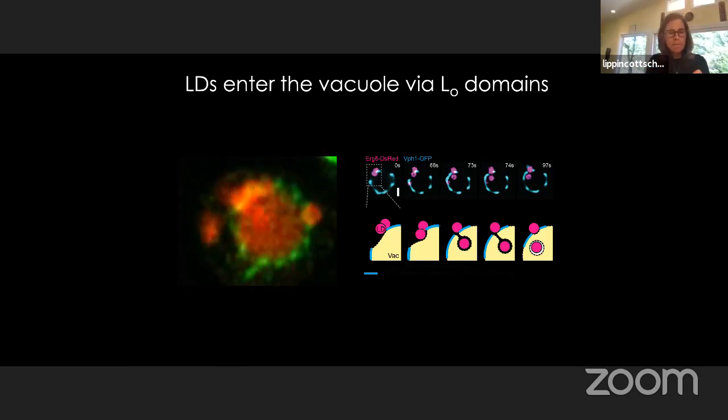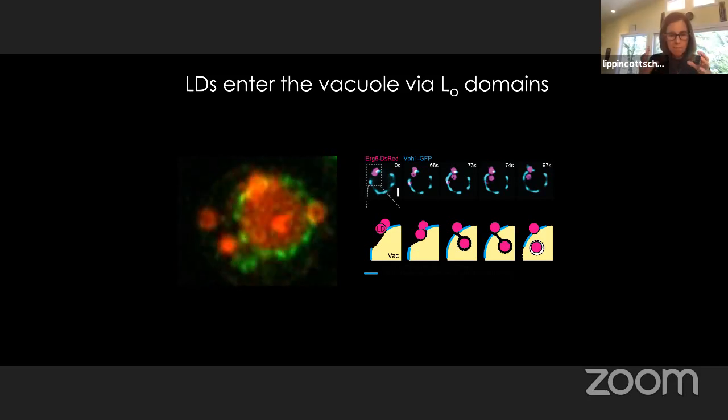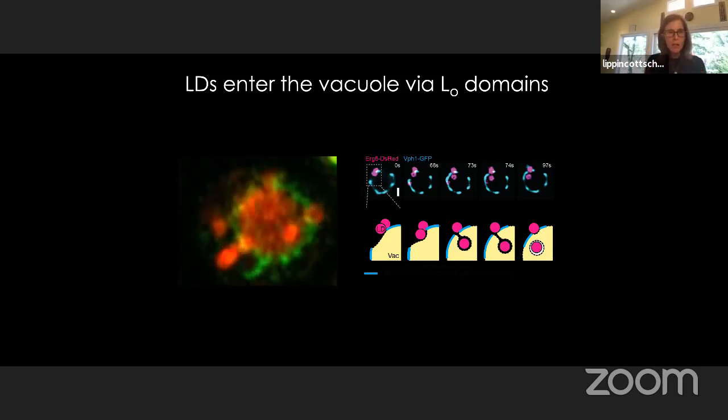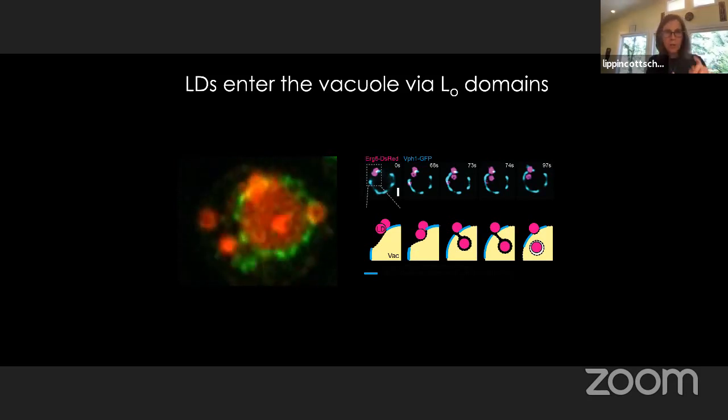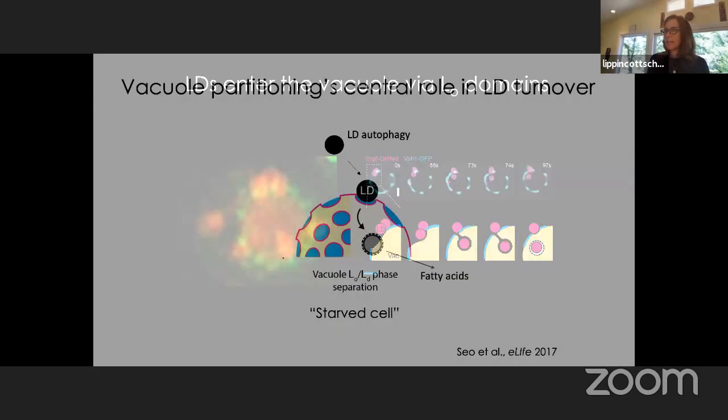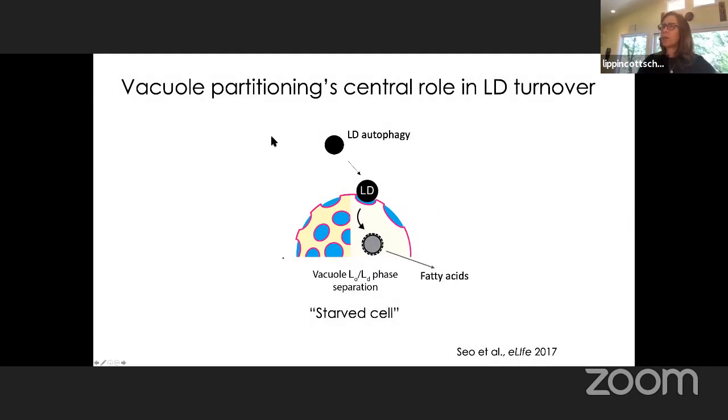Now we think that the fact that the vacuole is highly acidic, with a very low pH under this acute glucose restriction regime, is important to enable the cell to digest those lipid droplets. So here's our model in terms of what these partition domains are doing.